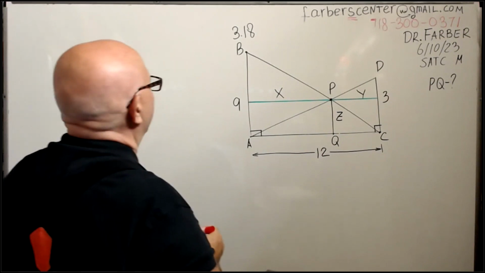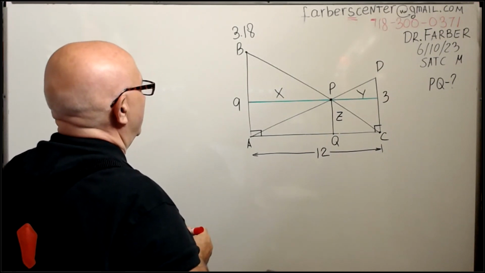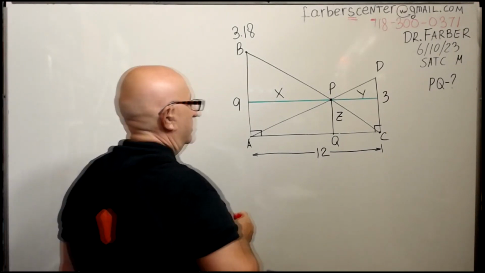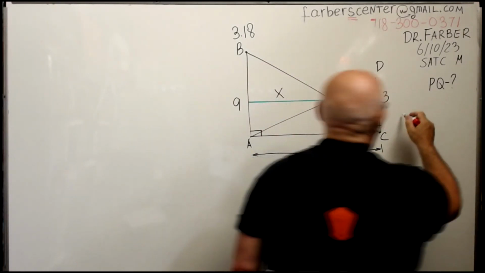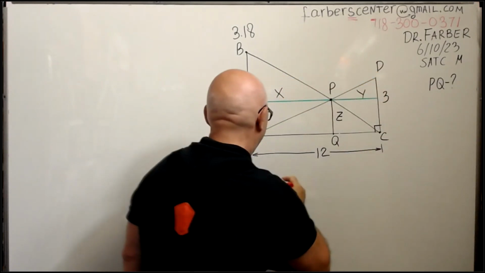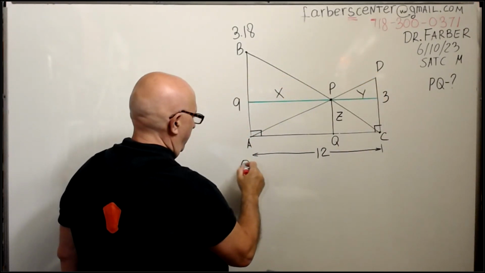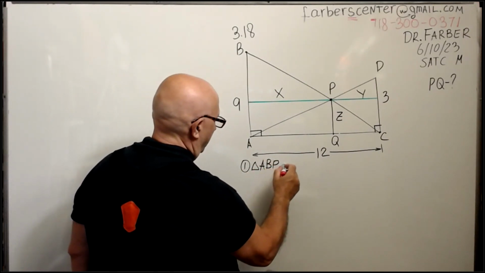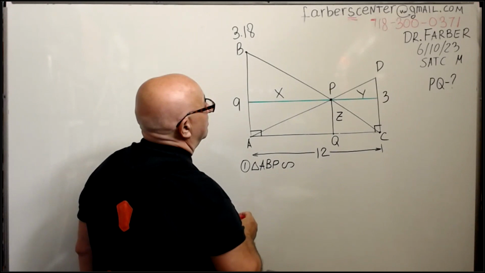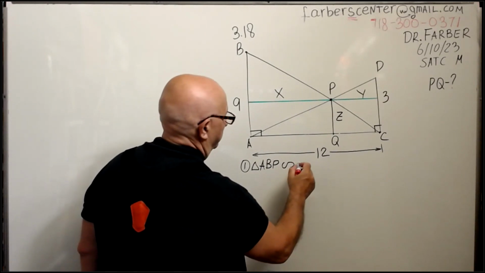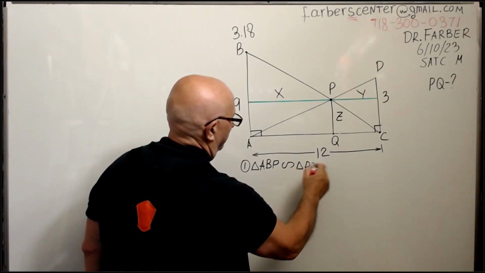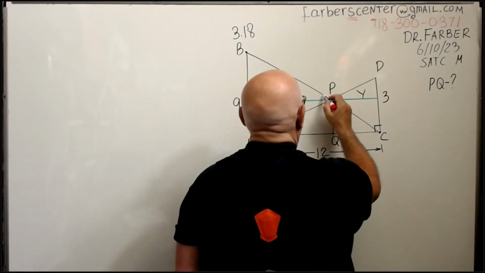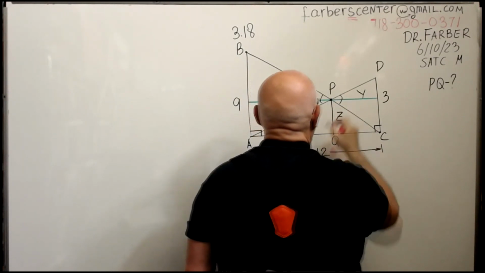So step number 1, you can easily prove that triangle ABP is similar to triangle PDC. Why are they similar? First of all, they have a common vertex. Vertical angles are the same.